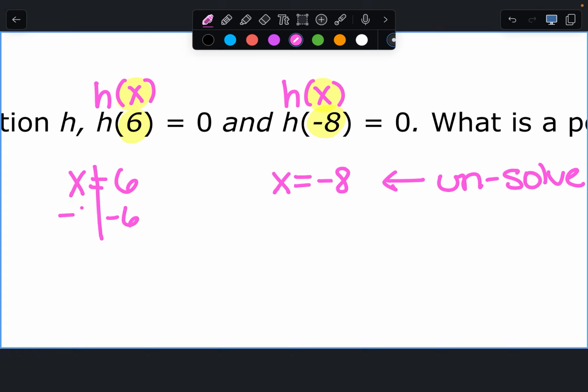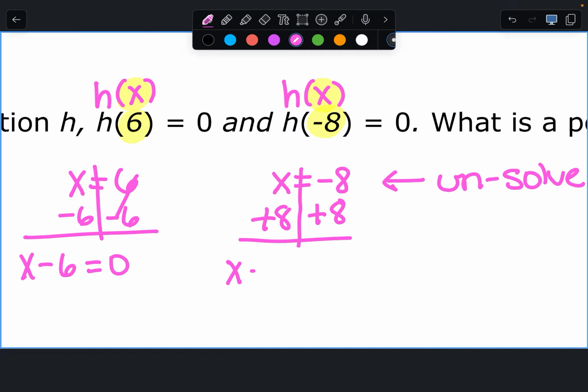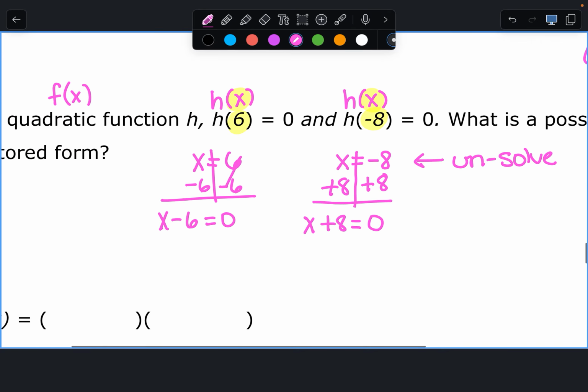Subtract it. So you get x minus 6 equals 0. How do you unsolve the x equals -8? Add the 8. You get x plus 8 equals 0. Now, before this step, they're written as binomials.